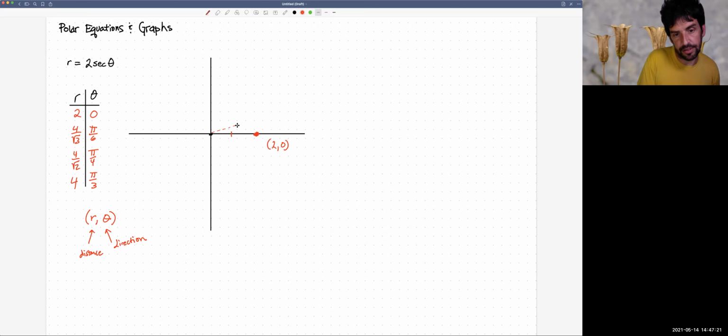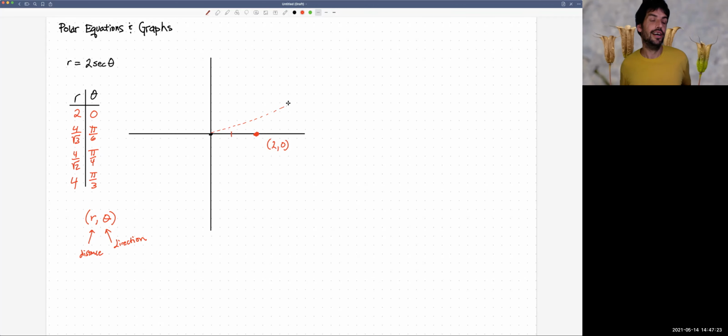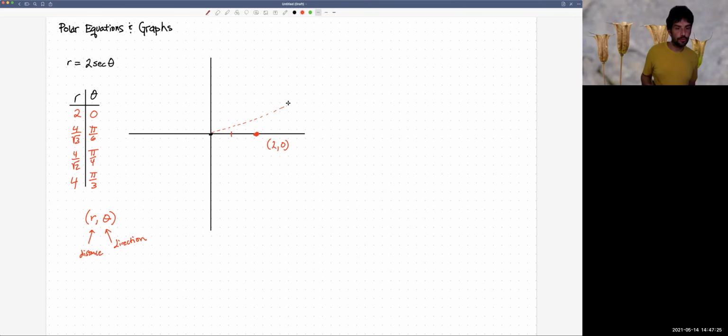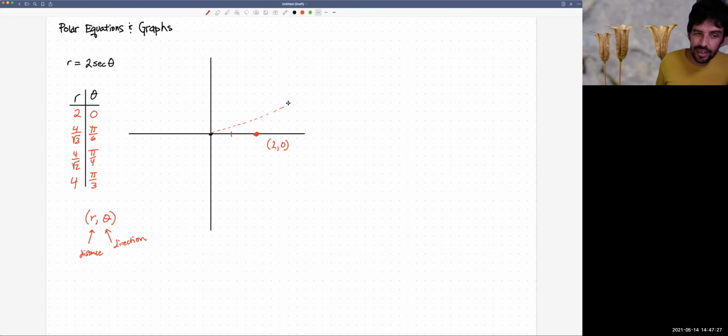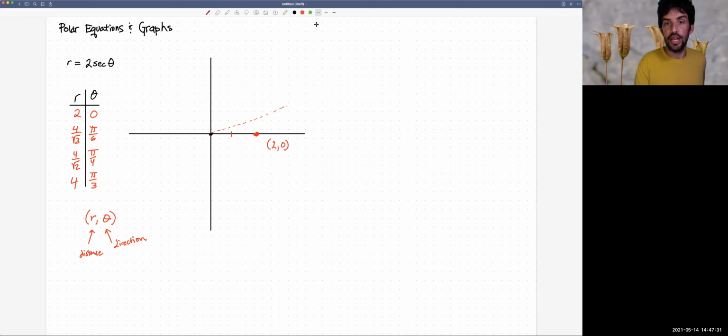Pi over 6 is going to be something like this. Well, 4 over root 3. Root 3 is about 1.7, so this is a little bit bigger than 2. So we're going to end up with our point, a number a little bigger than 2 along this line, somewhere out here.